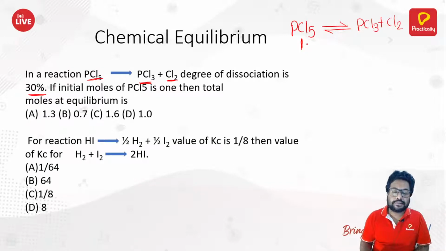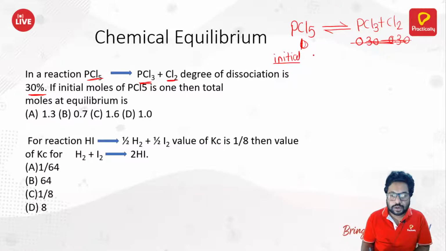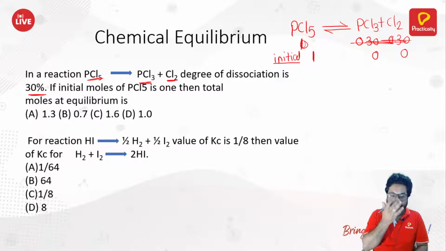Initially, when you start, moles of PCl5 are 1, PCl3 is 0 and Cl2 is 0.